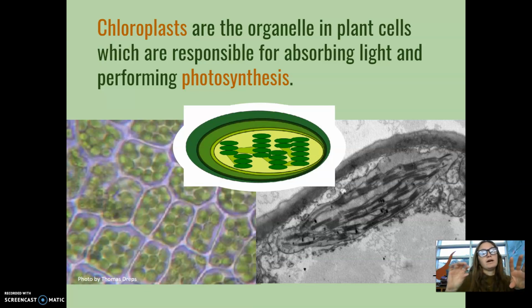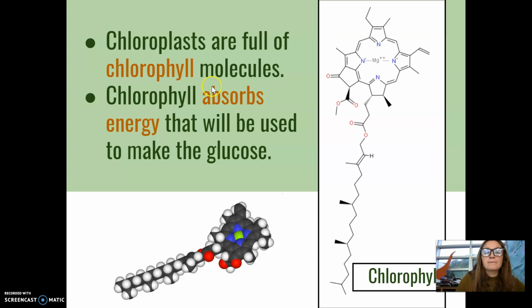Plant was slightly more complex just because it had a cell wall and it had chloroplasts. But animal cells do not have those. So we're only going to find chloroplasts and cell walls in plant cells.